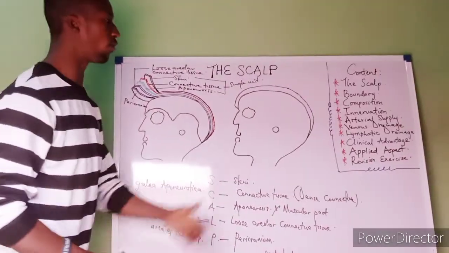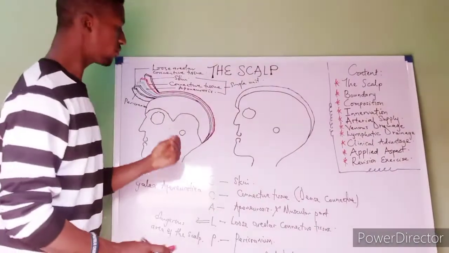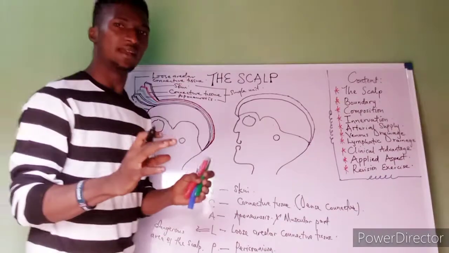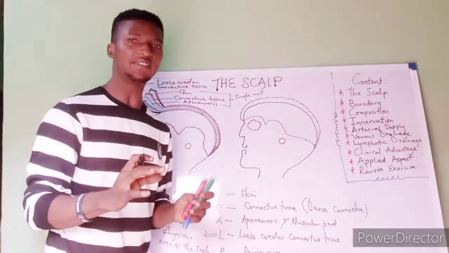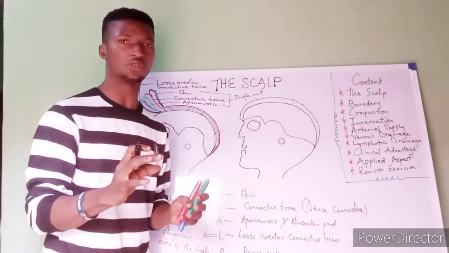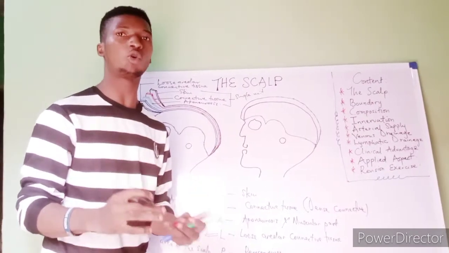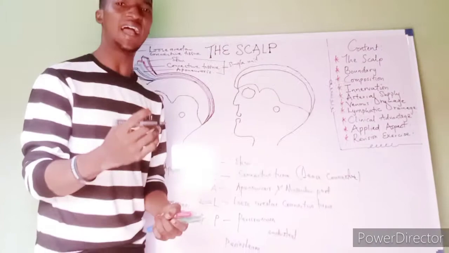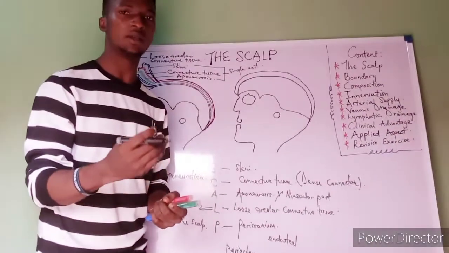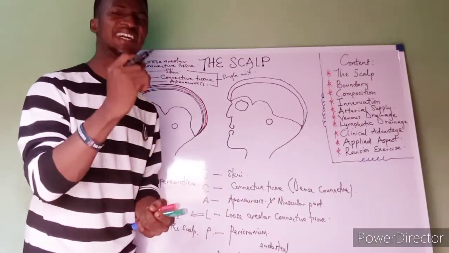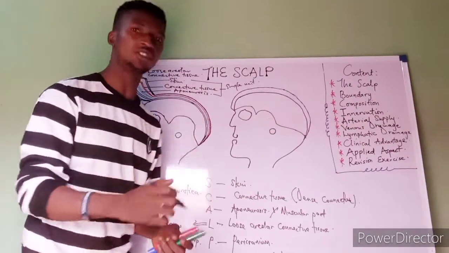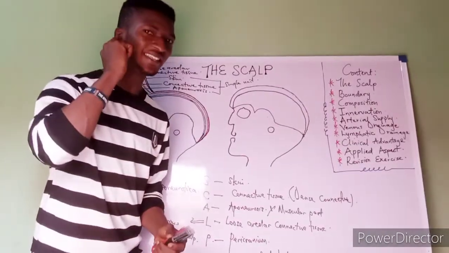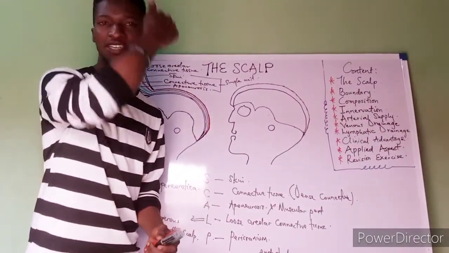Let's move to the aspect of the innervation. The scalp is divided into 2 regions or aspects, or we call them quadrants. These 2 quadrants are separated by an imaginary line that runs from the right here to the left here.